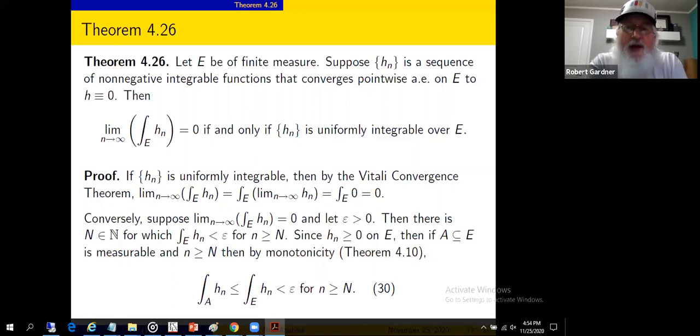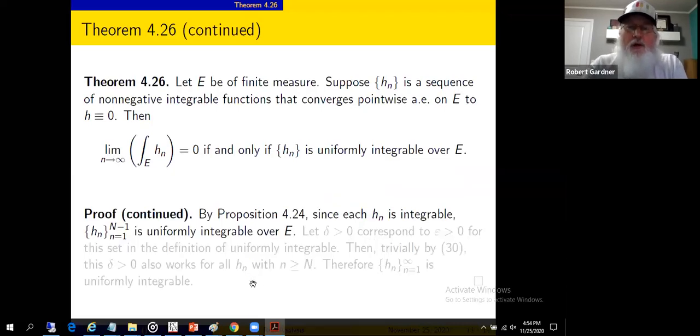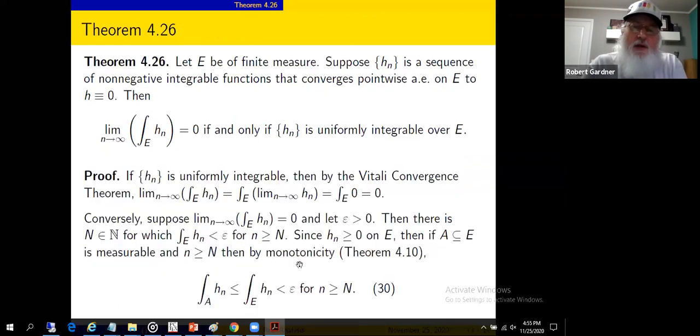All right, we're trying to extract uniform integrability. Proposition 4.24 says, since these h sub n's are integrable, then a finite collection forms a uniformly integrable collection. On the last slide, we said if the index was sufficiently large, greater than or equal to capital N, we got this kind of behavior.